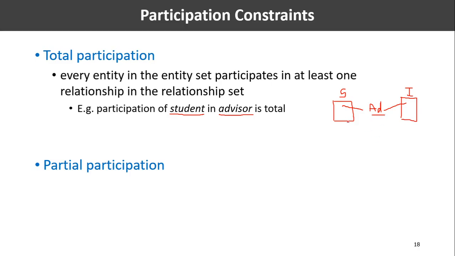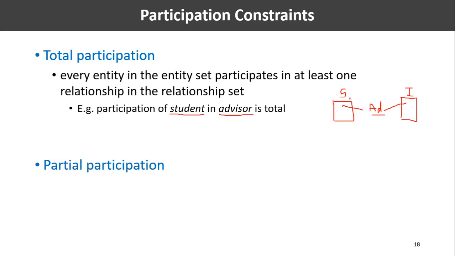In this situation, every student is participating in this relationship set, meaning for every student we have one relationship in this advisor relationship set. So this entity set student has total participation in the advisor relationship set. This is what we mean by total participation.